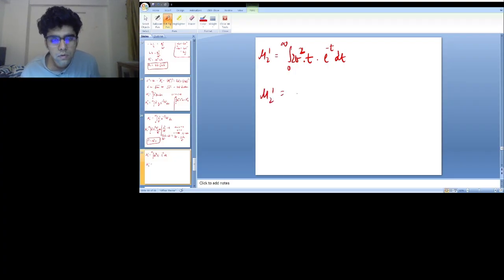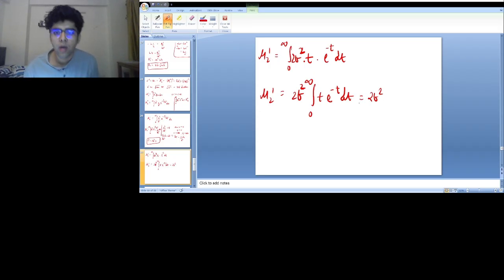Now taking 2b square outside, this gives me 0 to infinity 2b square outside, and this becomes t e to the power minus t dt. This becomes gamma. Now my power of t here is 1, so 1 is equal to n minus 1, therefore my n becomes 2.